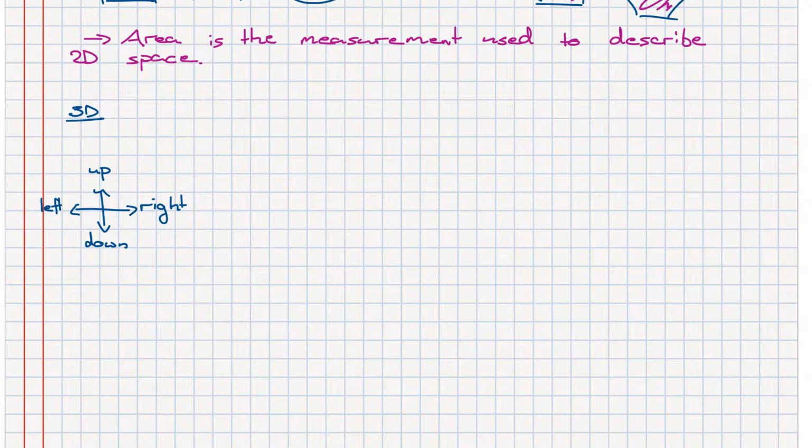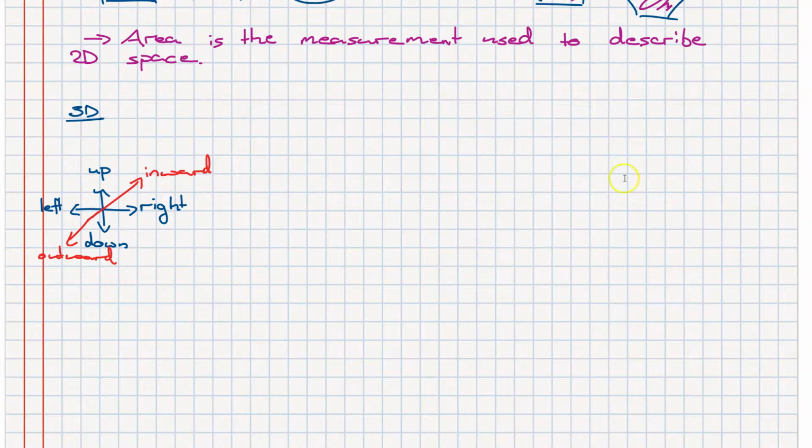But with 3D space, we add this new dimension in that we can move into the page as well as out of the page. So inward. So what we effectively find is that we've got 3 degrees of movement.